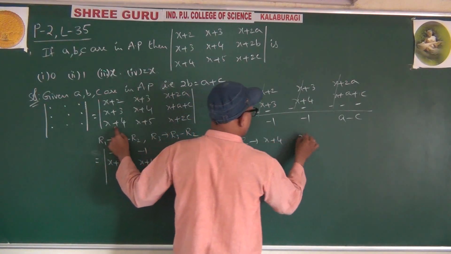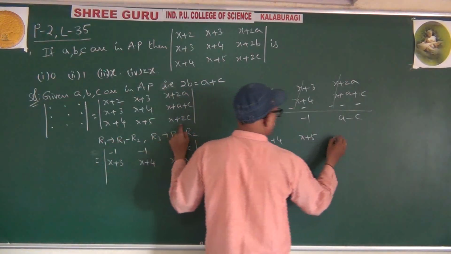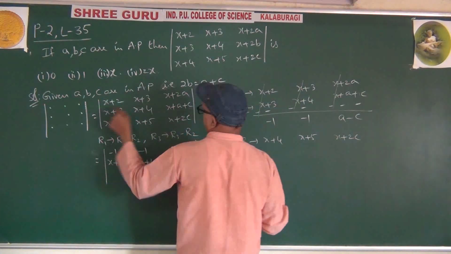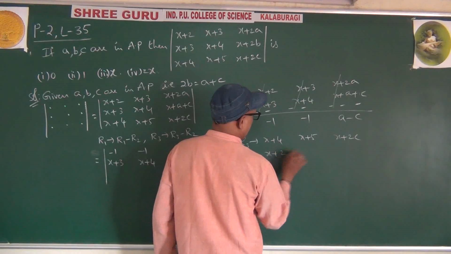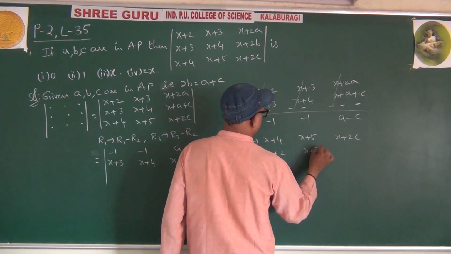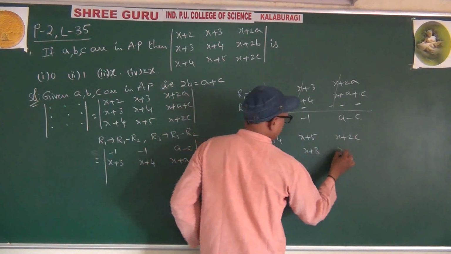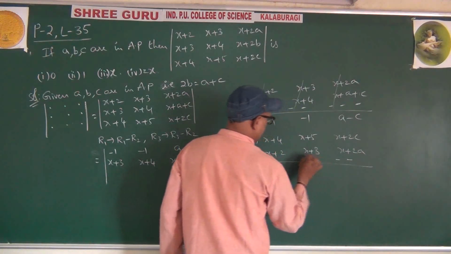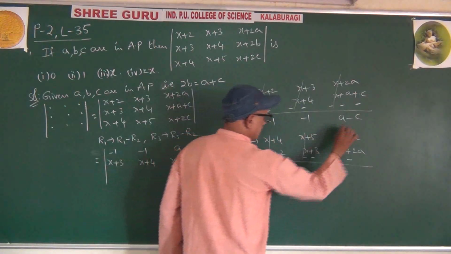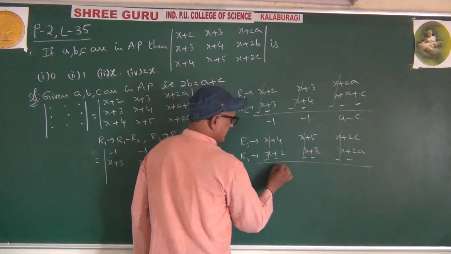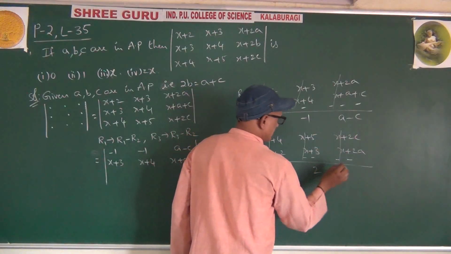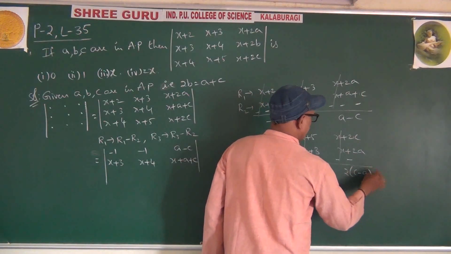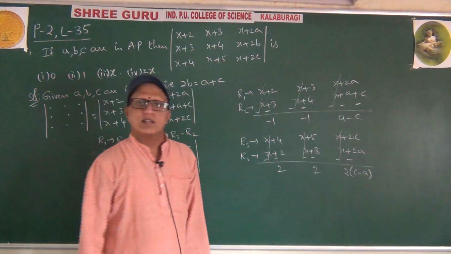R3 is x plus 4, x plus 5, x plus 2c, minus R1, x plus 2, x plus 3, x plus 2a. Subtraction: 4 minus 2 is 2, 5 minus 3 is 2, 2c minus 2a, 2 common, 2 into c minus a.